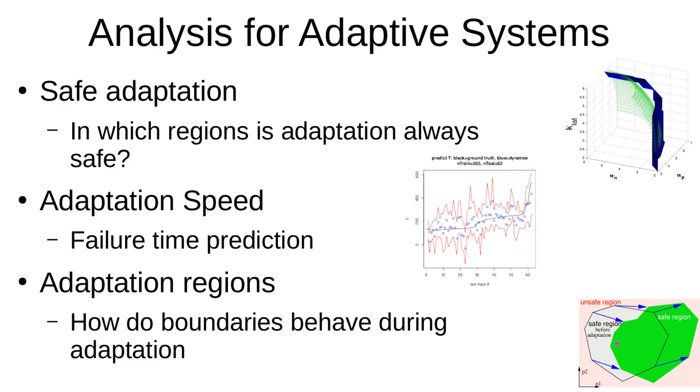So our framework makes it possible to predict the failure time, again using statistical techniques. And we also are able to perform analysis on how these safety regions are changing during the adaptation.